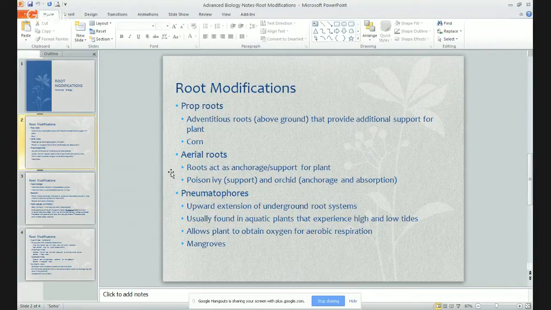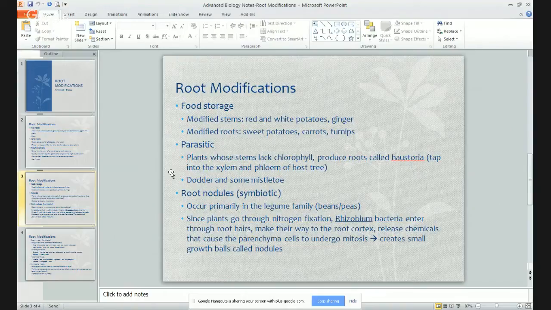Another root modification that your plants can have would be to serve as food storage. Actually, there are also modified stems. If you recall, when we were doing the stem anatomy, we talked about the rhizomes, the tubers, and the corms.